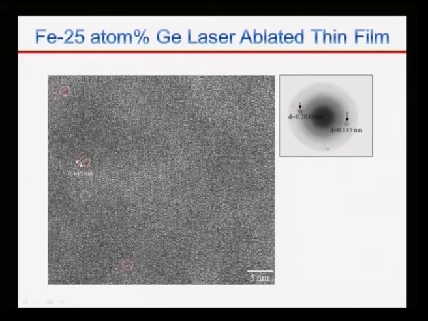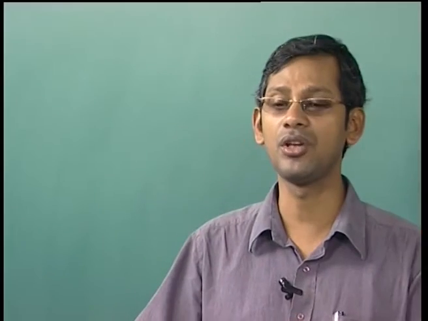Here you can see the d values written. If you look at that, they are very close to BCC iron. 1.45 Angstrom is close to the 200 plane spacing of BCC iron, and 2.03 is basically the 110. So that means we can see these clusters are of pure iron type. They are not actually pure iron, but some kind of solid solution of BCC iron with germanium. Germanium is there.